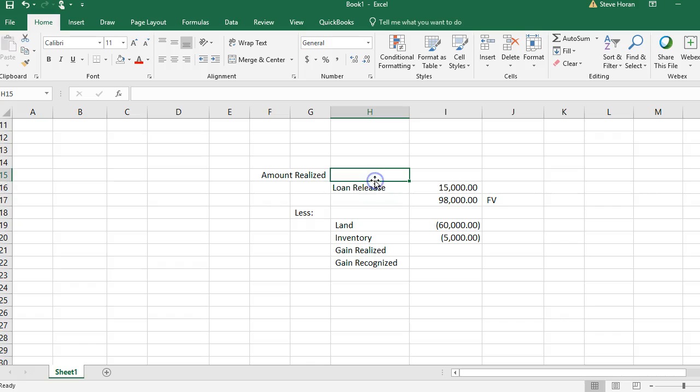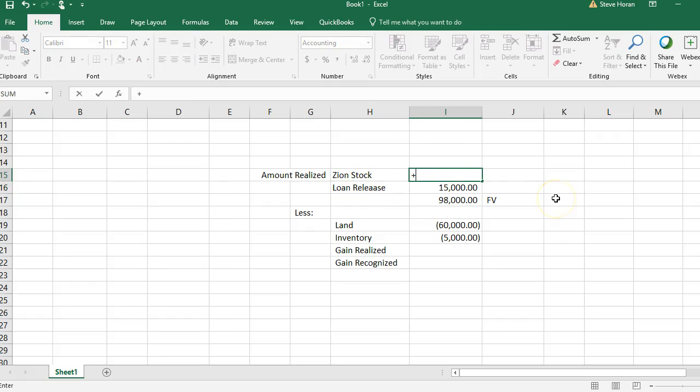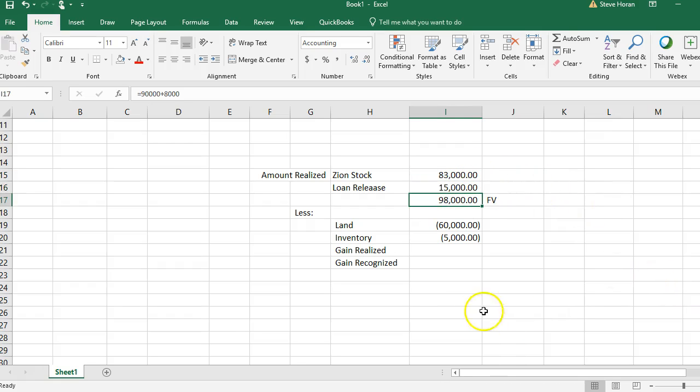Okay, and then she has the stock. So what I have to do is take that 98,000 fair value, and I'm subtracting 15,000 of the loan release to get 83. So the sum of 83 plus 15 equals 98.